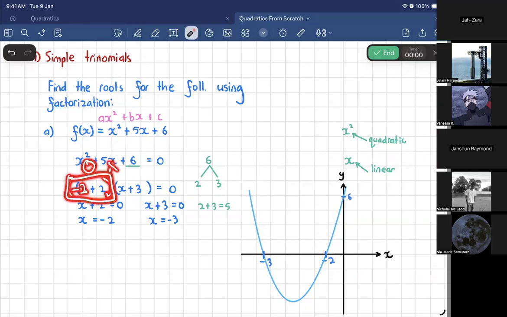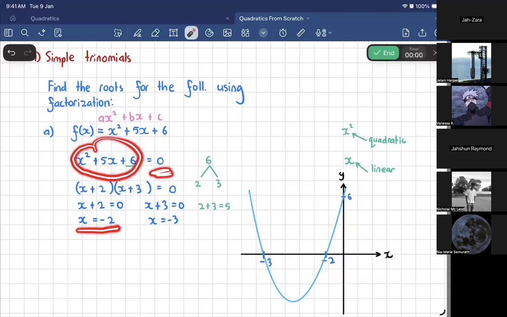And that 0 is going to multiply by the other bracket, but we don't care about the other bracket because 0 by anything is 0. Excellent. So when x is -2, you're getting 0. And when x is -3, you're getting what? 0. Exactly.